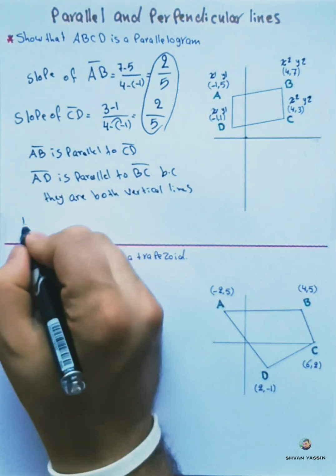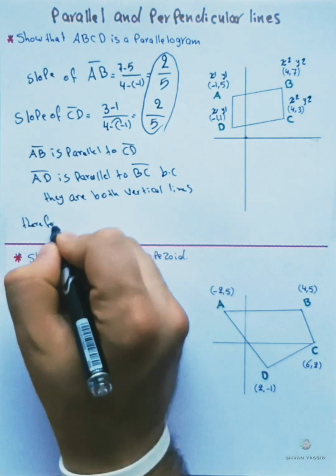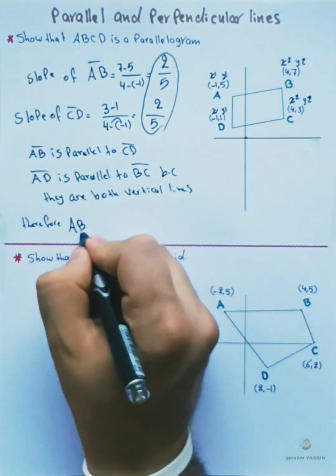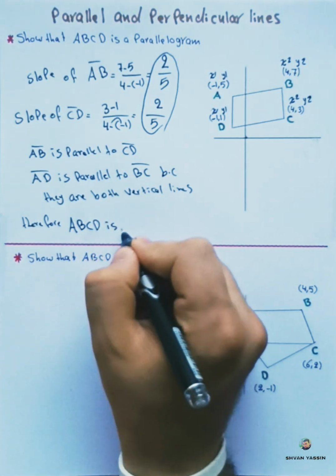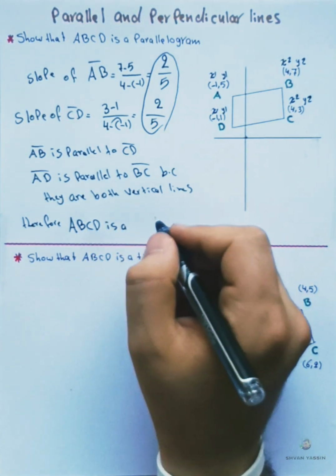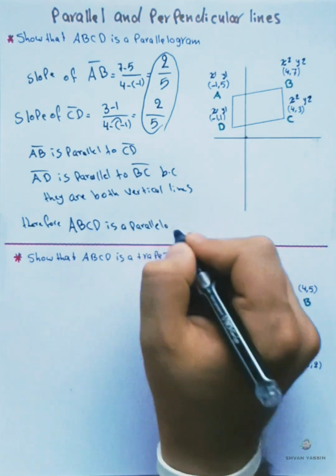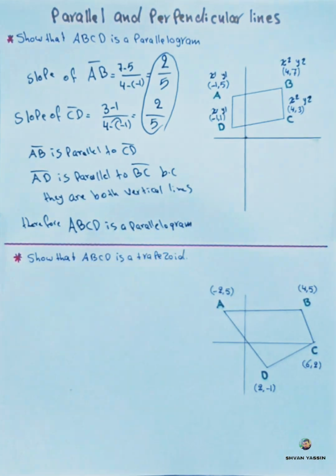Therefore, we can say ABCD is a parallelogram, because both pairs of opposite sides are parallel.